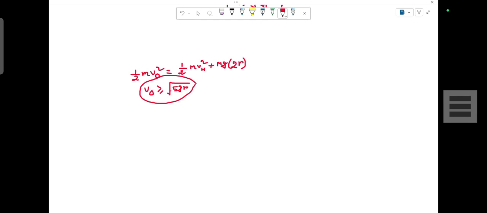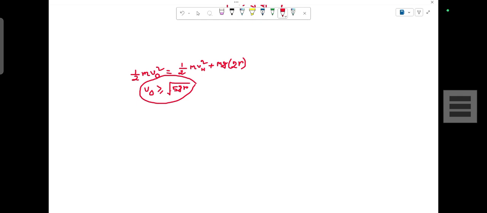For maximum tension, cos theta will be maximum, that means +1. So theta will be 0 at the maximum tension. That means cos theta is equal to +1. So T max is equal to TL, which is greater than or equal to m by r times 5gr plus mg.